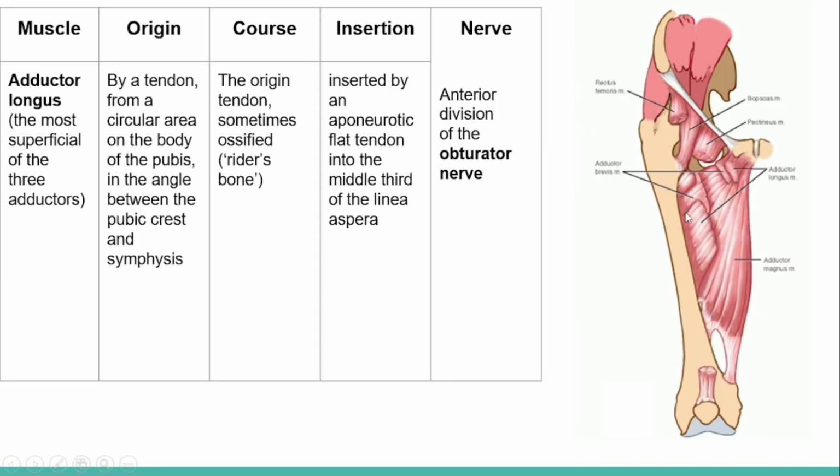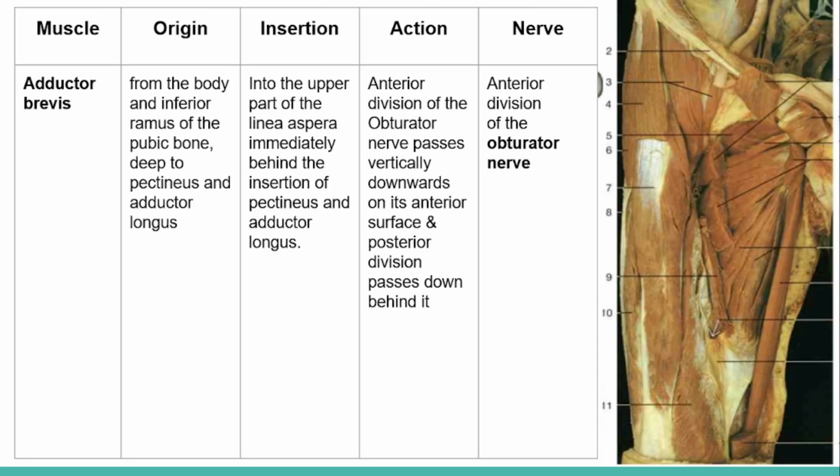In the adductor longus, we discussed the origin and insertion. This origin can sometimes be ossified and is called rider's bone. Adductor brevis, we also discussed the origin and insertion, located beneath the adductor longus muscle.